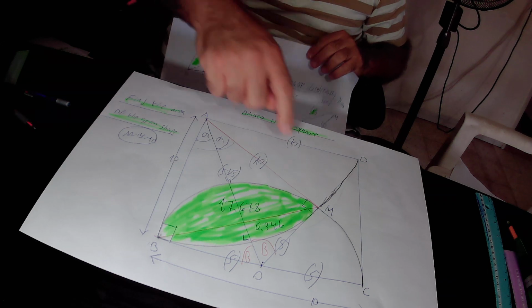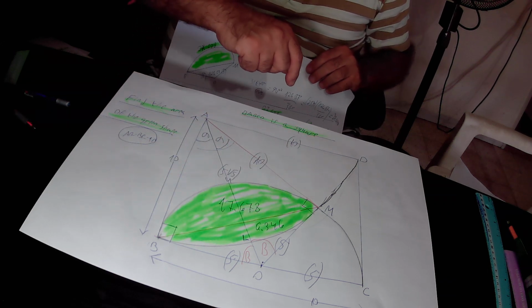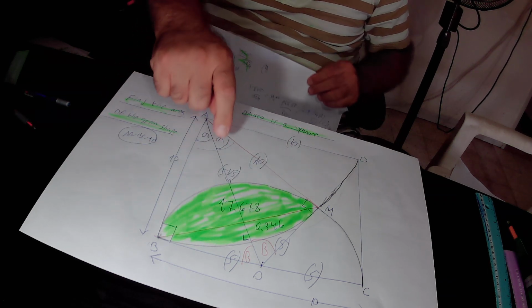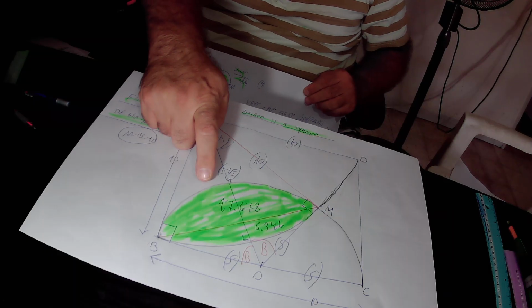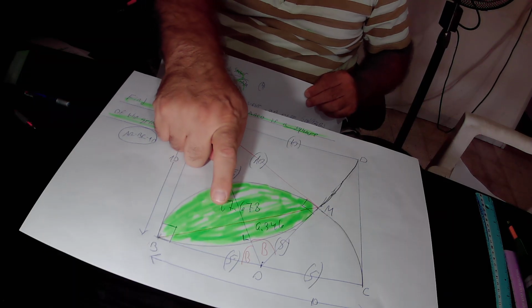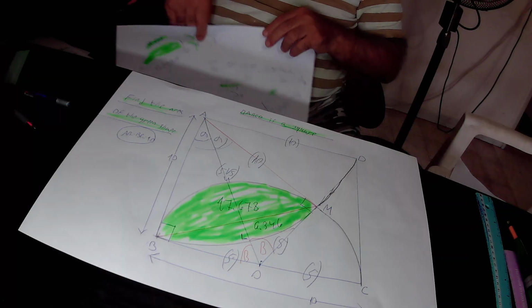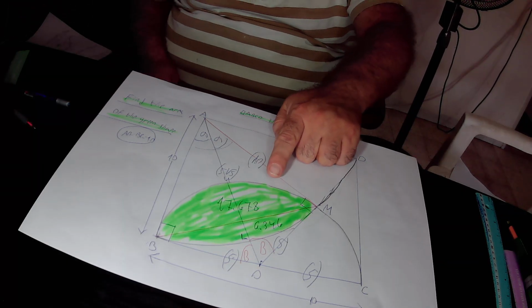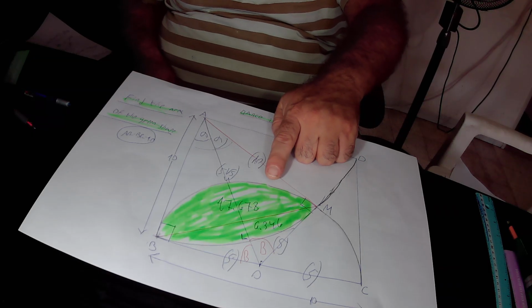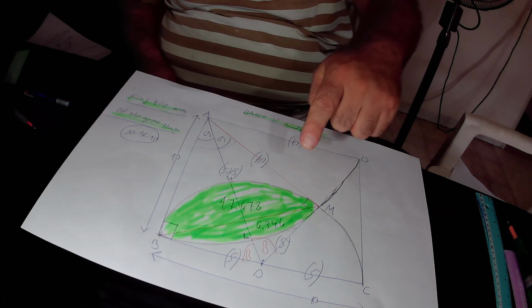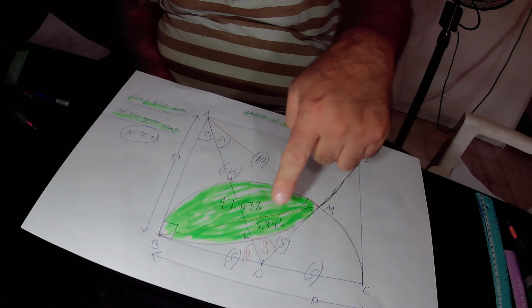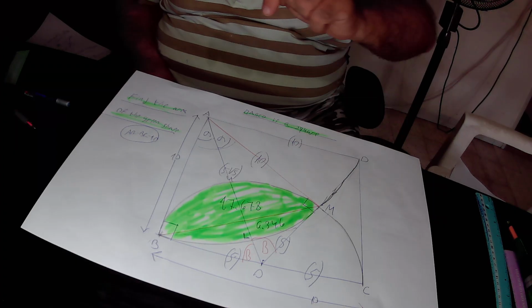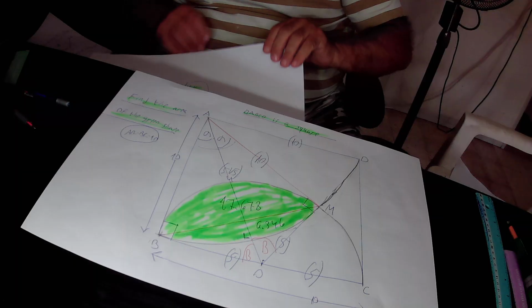Our task is to find out the area of this green shape that consists of the area of the upper segment BOM plus the area of the lower segment BLM. We already found out that the area of the upper segment equals 17.678 square units in size, plus the area of the lower segment BLM that equals 6.346 square units in size.